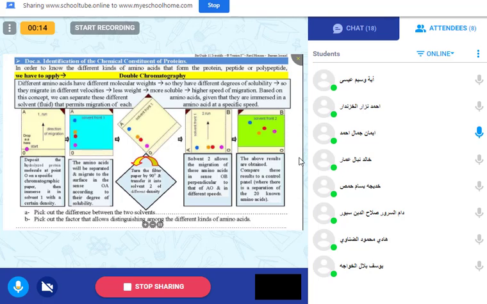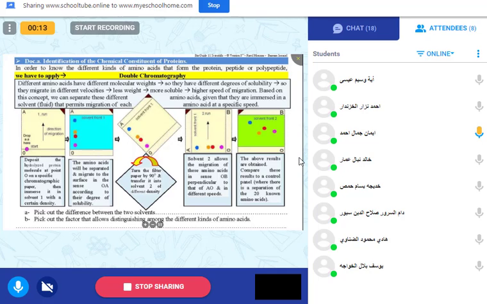Deposit the hydrolyzed protein molecule at point O on a specific chromatographic paper, then immerse it in solvent 1 with a certain density. The amino acids will be separated and migrate on the surface in the sense OA according to their degree of solubility.